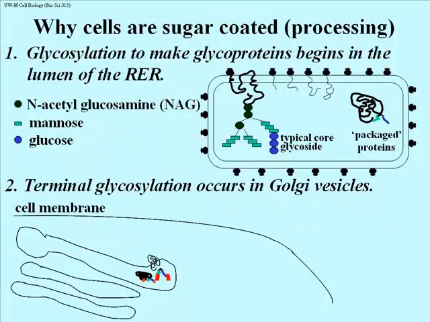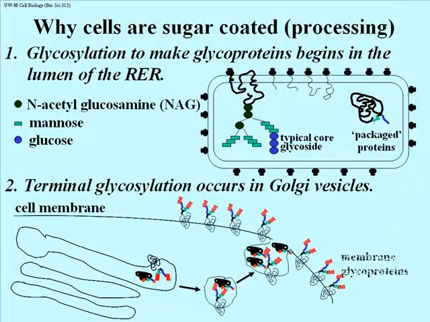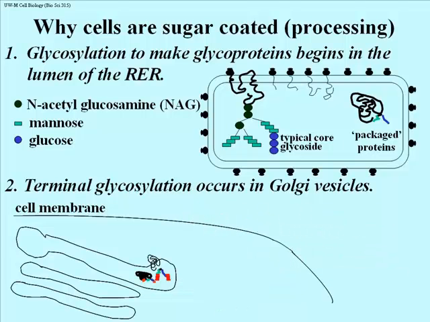In the trans vesicles, not labeled here, we see a packaged protein, and we even see a protein that's embedded in the Golgi membrane, having been produced in the RER, but instead of ending up in the RER vesicle space, ends up in the membrane.